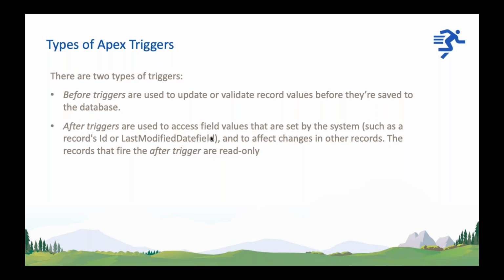Even if we are inserting a record for the first time, in after triggers we'll have the ID and all the system generated fields, and we also use after triggers to create records. We'll see how to use all these things. But remember, the records that fired the after triggers are read only. So generally, we don't update a field in after triggers.